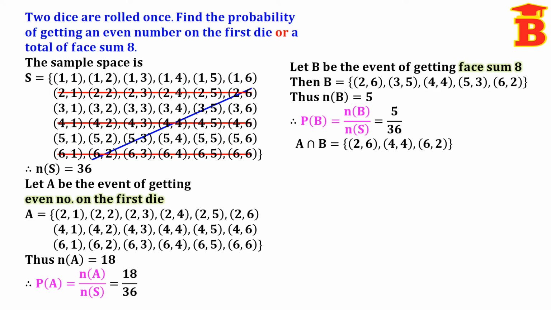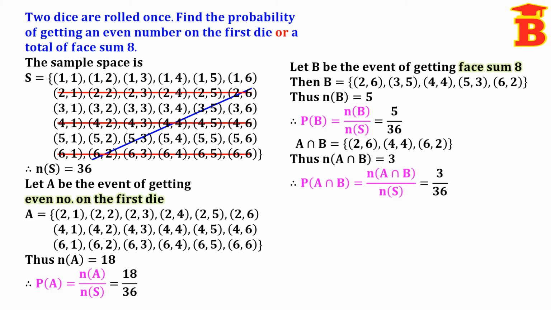Therefore we get 2, 6, 4, 4, 6, 2. Now count and write n of A intersection B equal to 3. Now using formula P of A intersection B equal to n of A intersection B divided by n of S, that is equal to 3 divided by total 36.